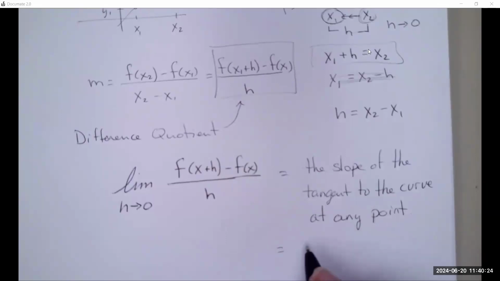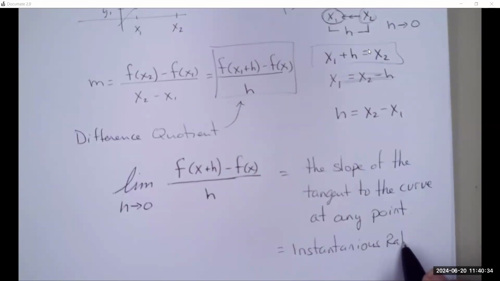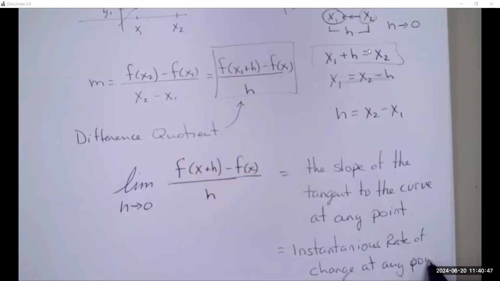Which means that we found the instantaneous rate of change at any point.